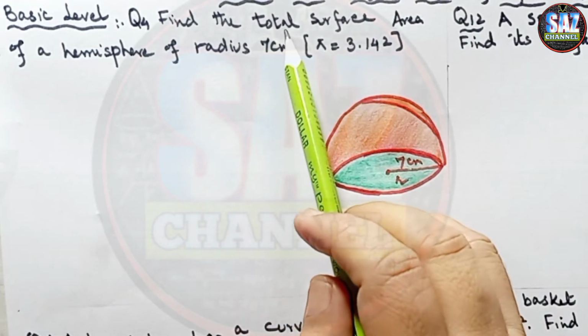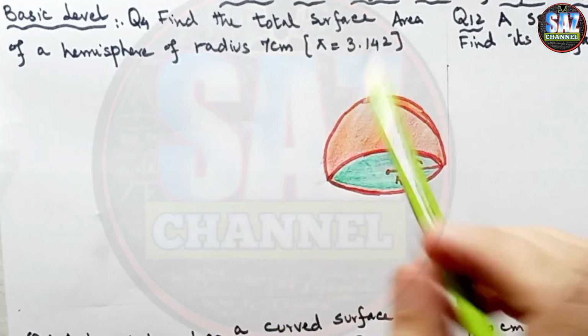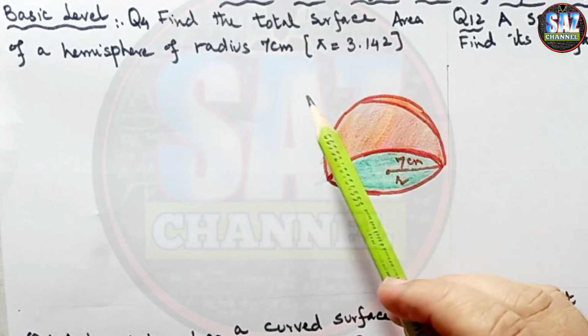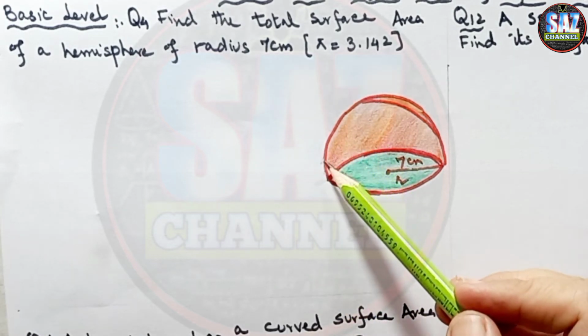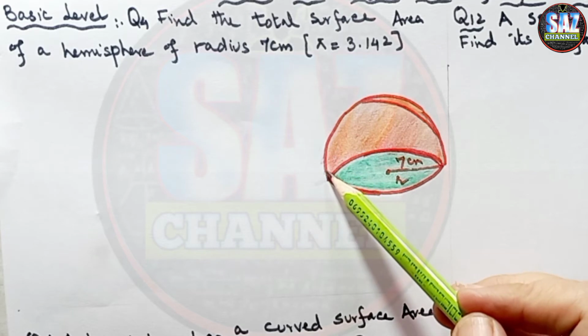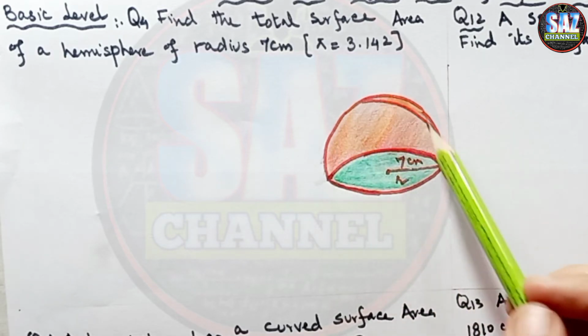In the given information, the radius is 7 centimeter of this hemisphere given, and we have to find the total surface area of this hemisphere. I always ask my students to make small sketches and diagrams so that the message can be easily clear to you.